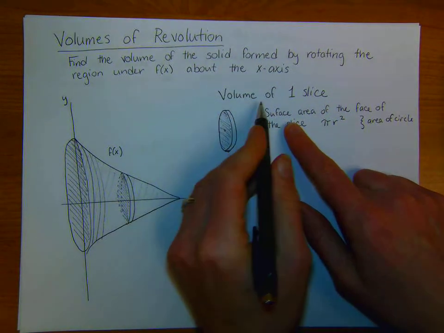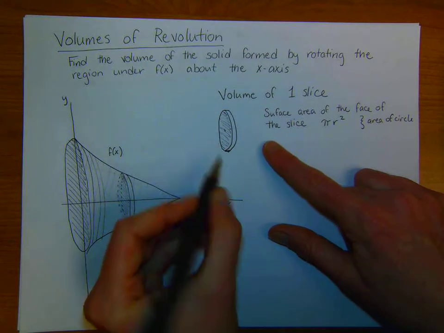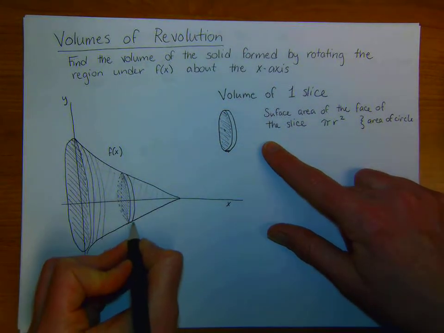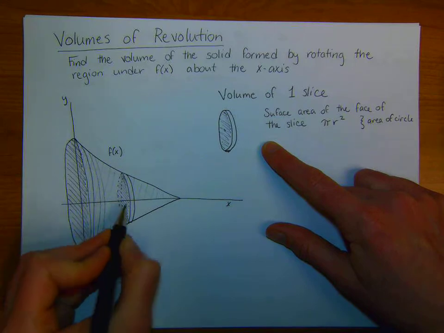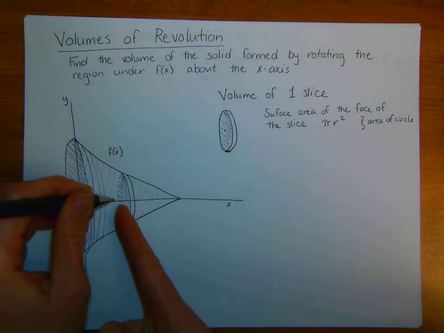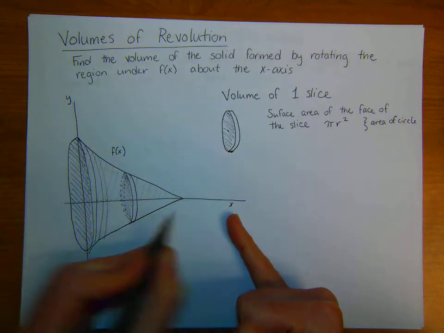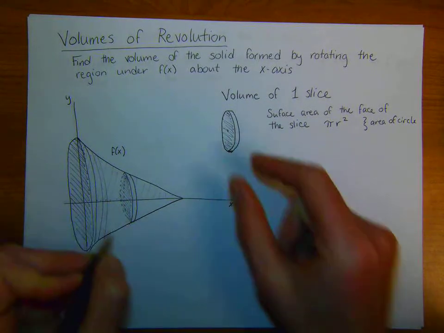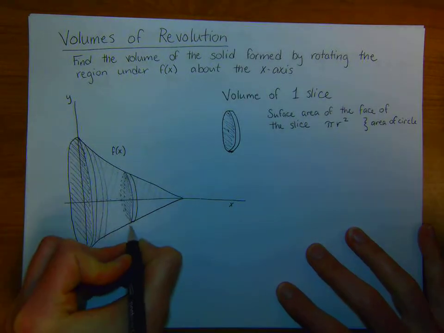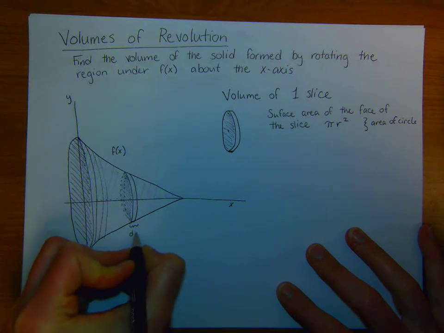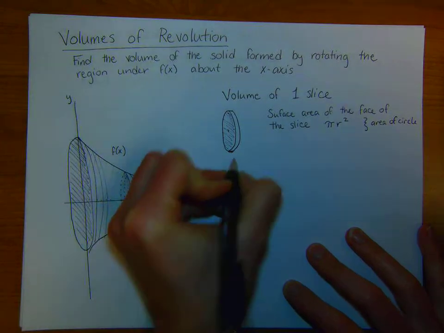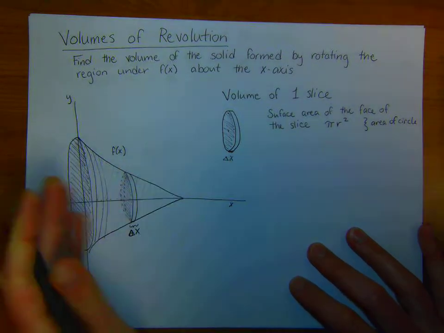But in order to find volume, it's not just the area of the surface, we also need to know the width of each of these slices. And in this case, we're cutting up this volume along the x-axis. So each of these slices is going to be of width dx. Maybe I should call it delta x in this case because we haven't taken our limit yet. This is the change in x value.